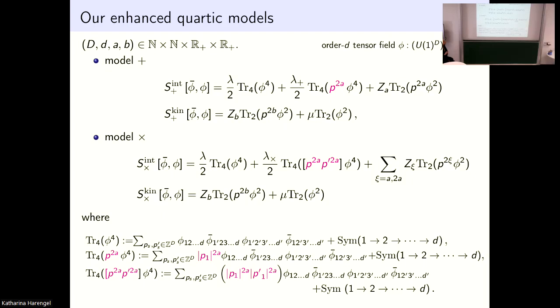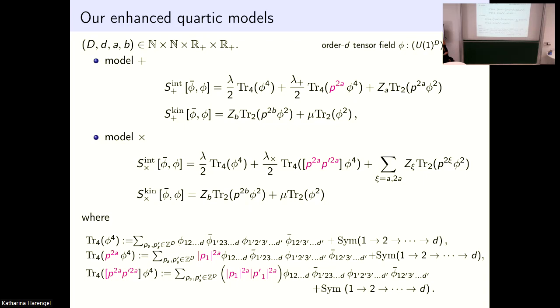Okay, so we consider 2 models. I'm going to talk mainly about the model plus. So if you want, you can forget about model times. Basically, I have 2 different kinds of phi^4 interactions. This is a rather traditional one, which comes with the coupling lambda.